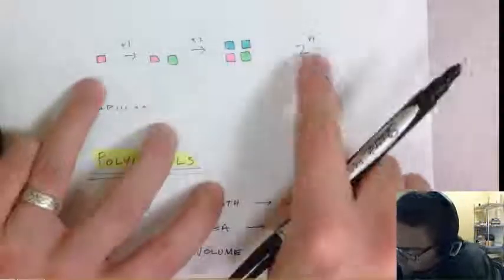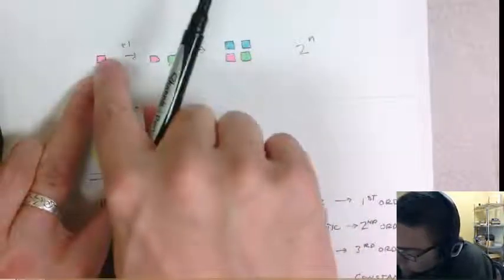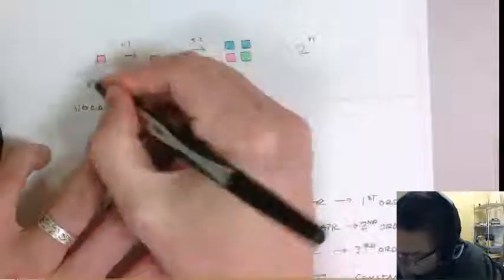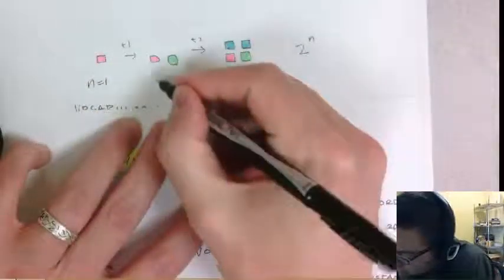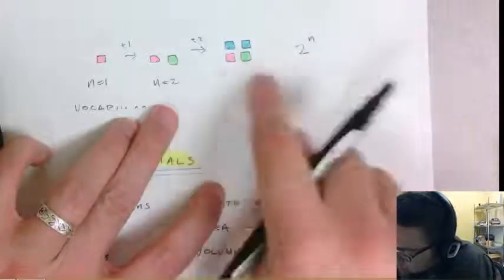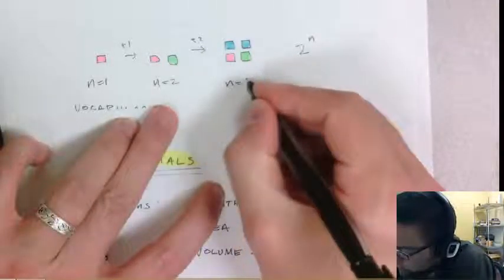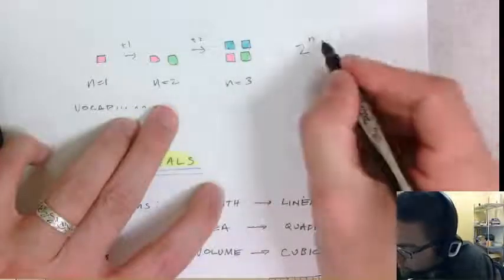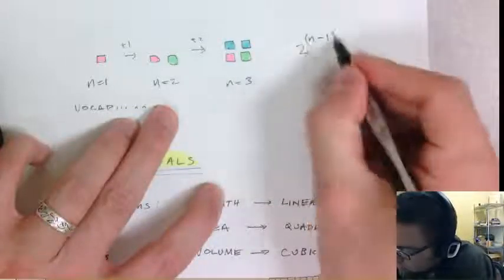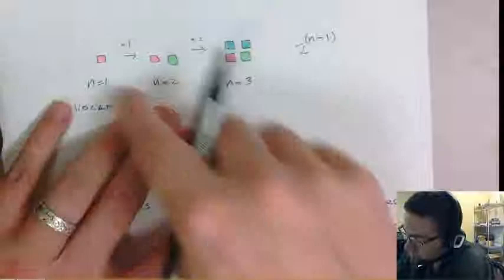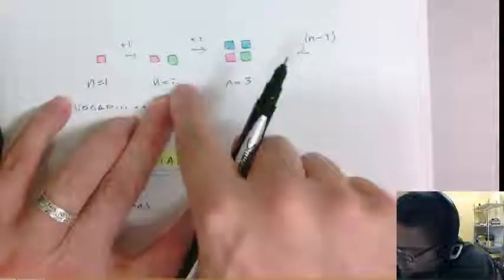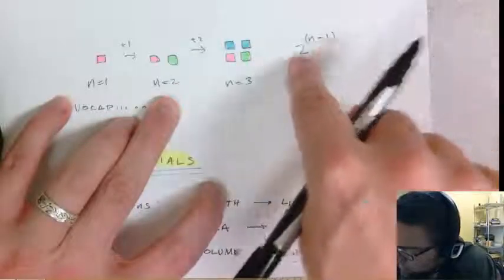But that doesn't quite work, because if I put in a 1 for n equals 1, n equals 2, this is an off by 1 problem, right? So I need to subtract 1. So this is like 2 to the n minus 1. So 2 to the 0 would be 1. 2 to the 2 minus 1 would be 2 to the first, so that'd be 2. Yeah, so this fits.